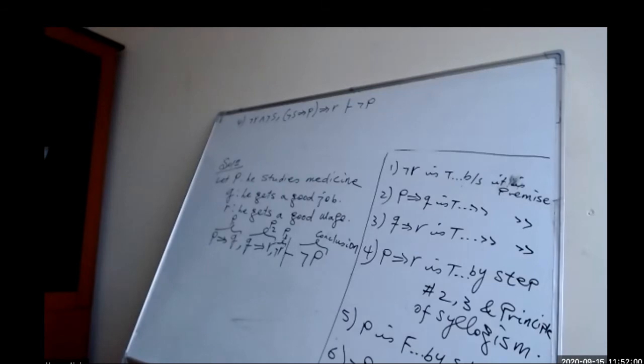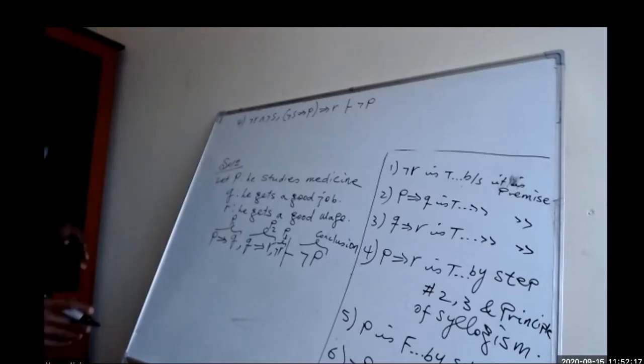Negation of R and negation of S will be the first premise. The second premise, as you can see here, is negation of S implies P, and P implies R. The conclusion is negation of P.